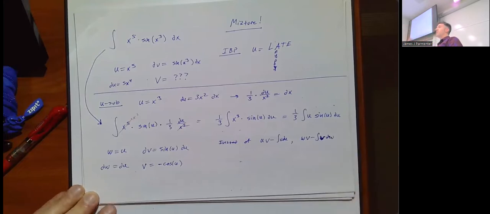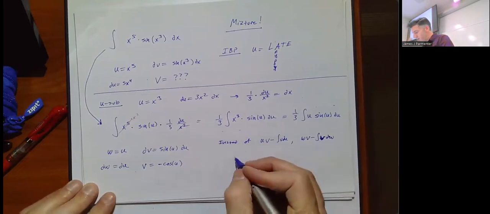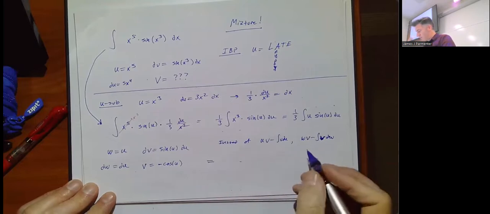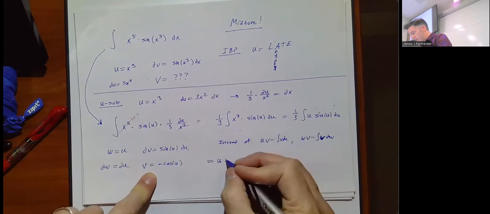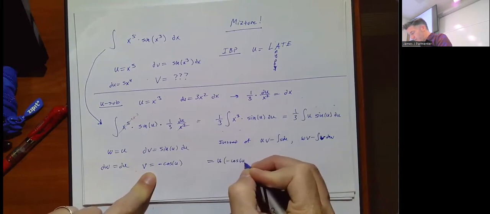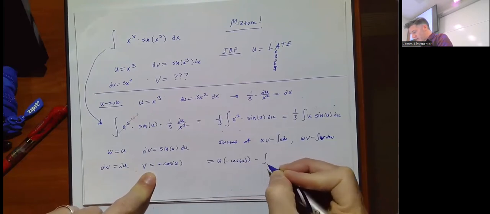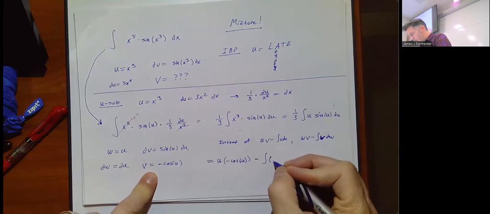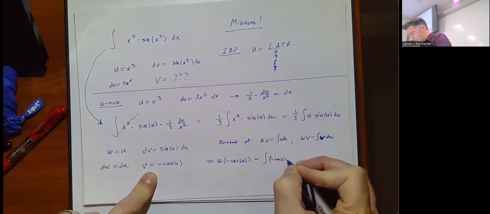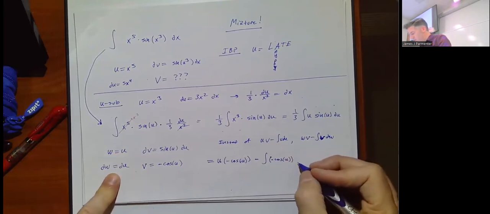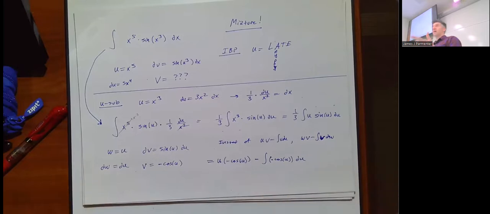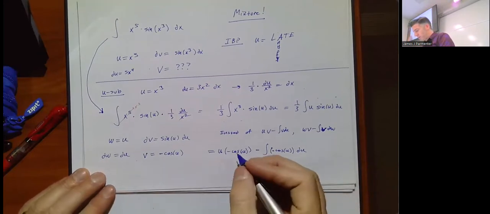And then we're plugging in the u things for each of those. So my integral is going to equal w, which is u, times v, which is negative cosine of u, minus the integral of v, which is negative cosine of u. Yes, I could just make that positive, but I didn't. And then times dw, which is du. So even though I'm saying the v's and the w's, I'm writing down the variable I actually want, which is the u's. And then we try to make this not terrible.